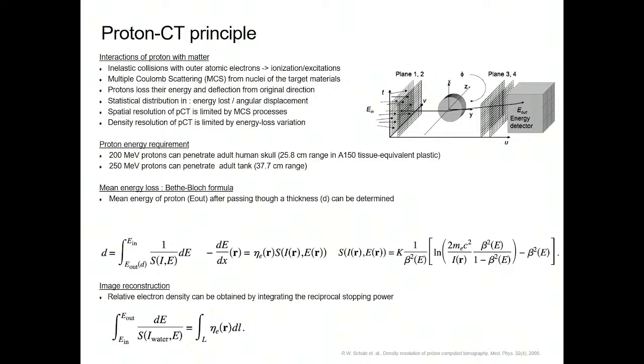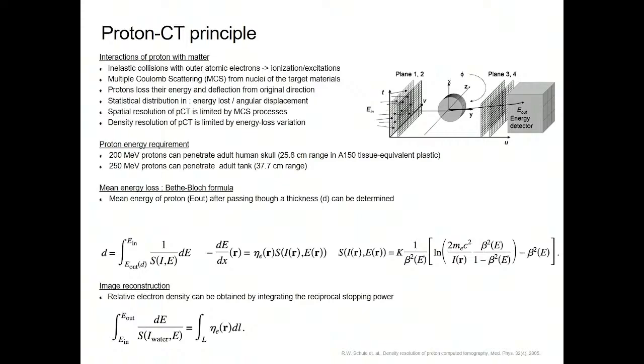And for the spatial information, you need to know the angle that the proton really deflected. But of course, due to the multiple Coulomb scattering, you probably need a clever algorithm to track the proton, or you need higher statistics to really track the proton.